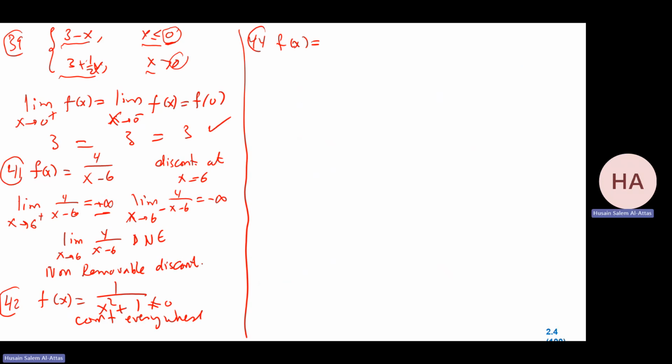The domain is everywhere, so it is continuous everywhere.